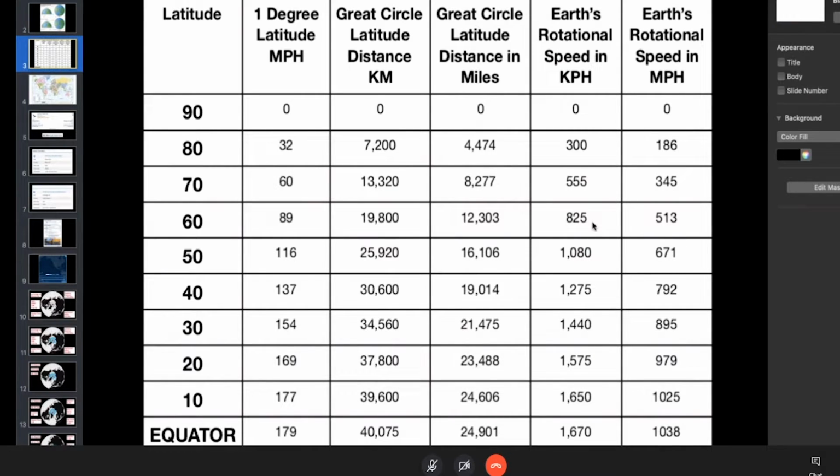And they're going to go around their great circle distance of 12,303 miles. So it's just 12,303 divided by 24. So when we talk about how fast the plane is going in this presentation, we're talking about the 513 miles an hour that they inherited from their starting latitude, plus the speed that they accelerate due to their engine or other factors. Okay.